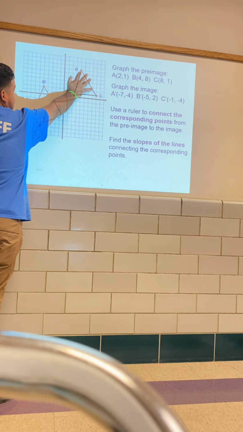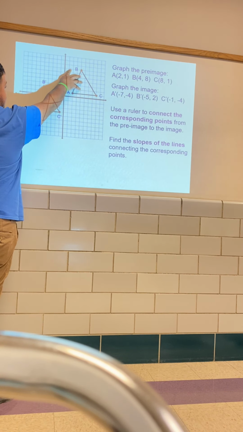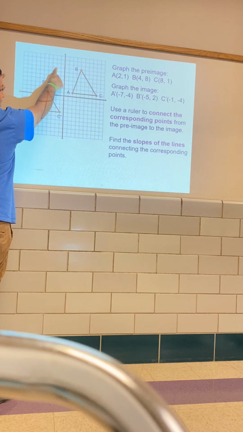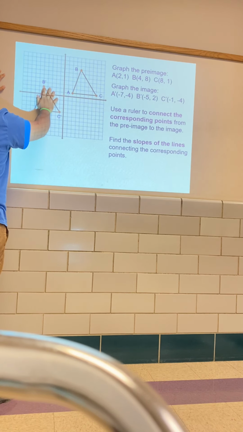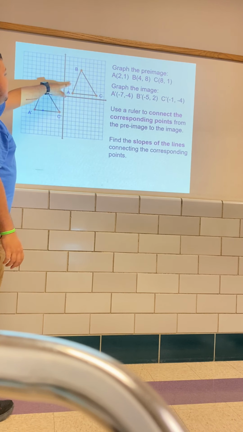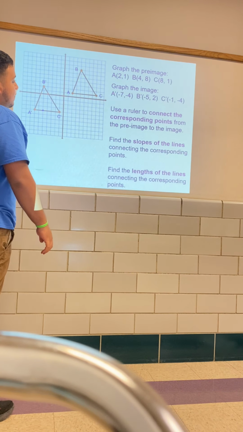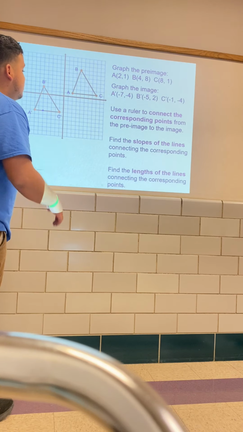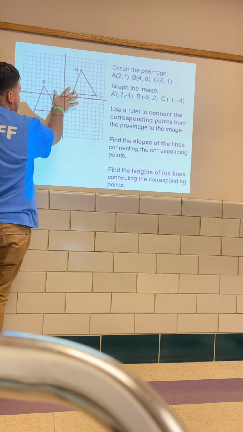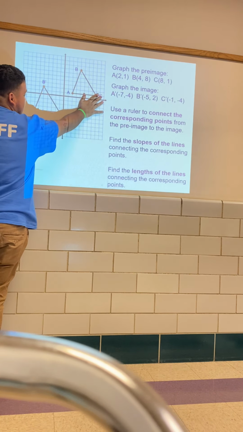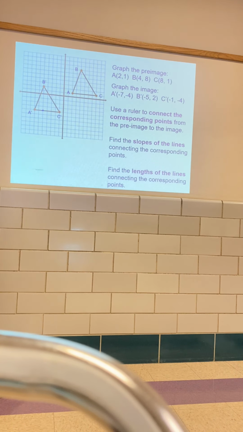So we're going to look at B being -1, 2, 3, 4, 5, okay? And then we go back to being 2 right here. So don't forget that. We're moving down and then moving more. So use a ruler to connect these points. Make sure they are connecting according to the graphed image, okay?